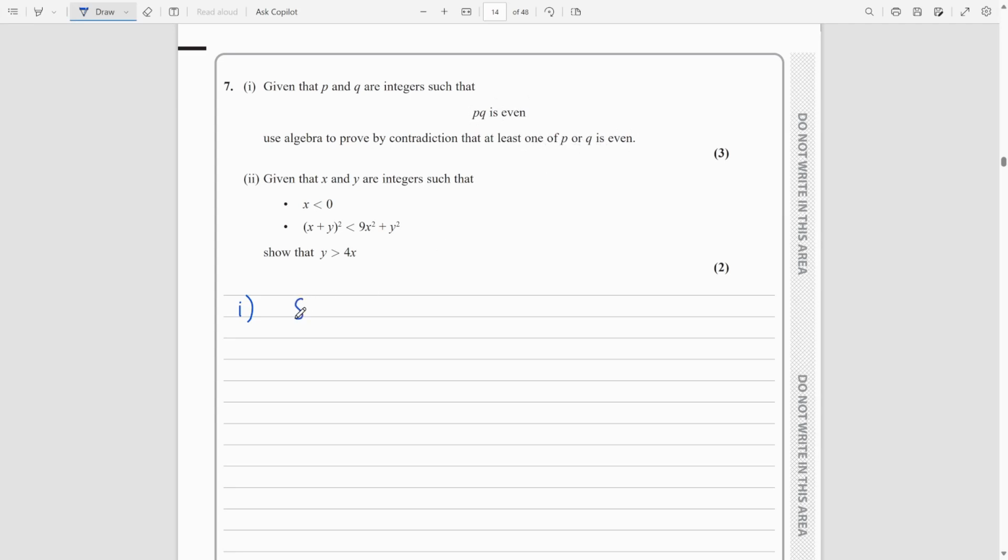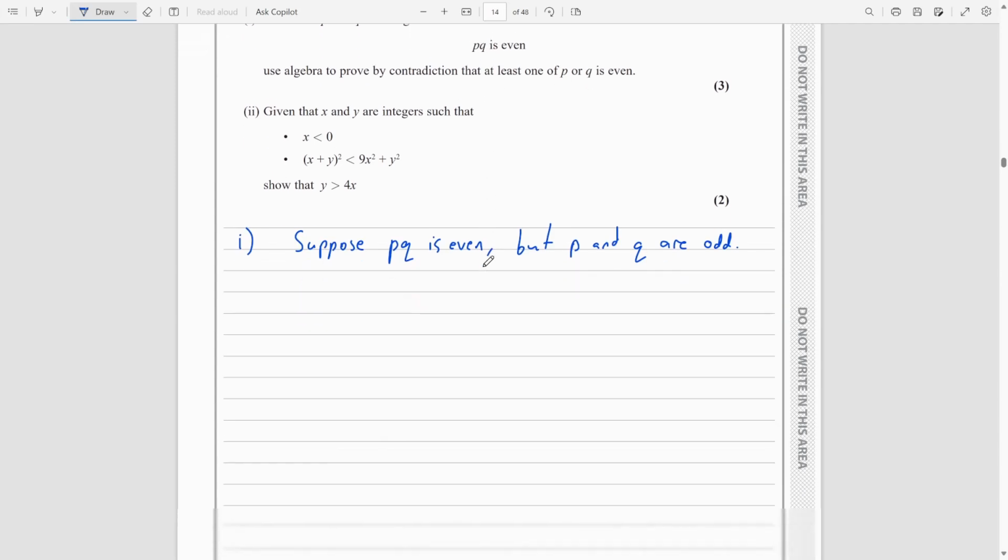So what I'm going to say is, suppose pq is even, but p and q are odd. And I'm going to see if I can derive a contradiction. So I've assumed that the premise is true, but the conclusion is false.